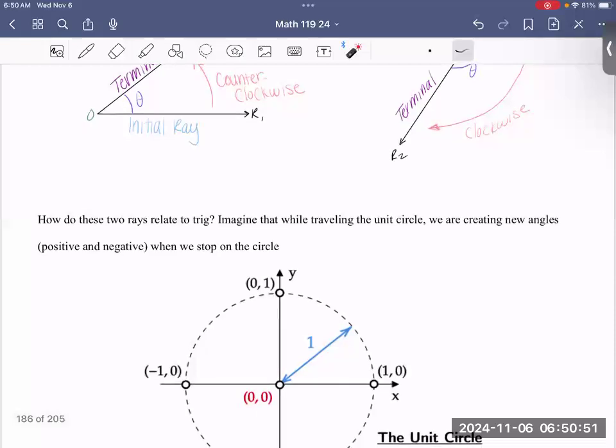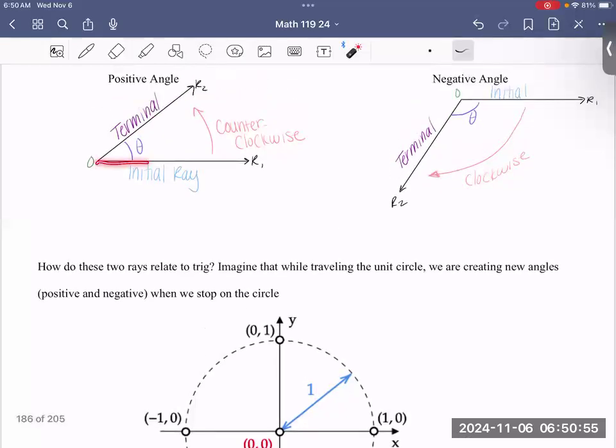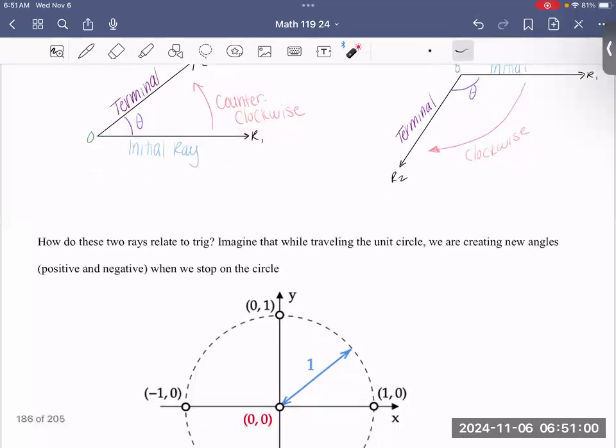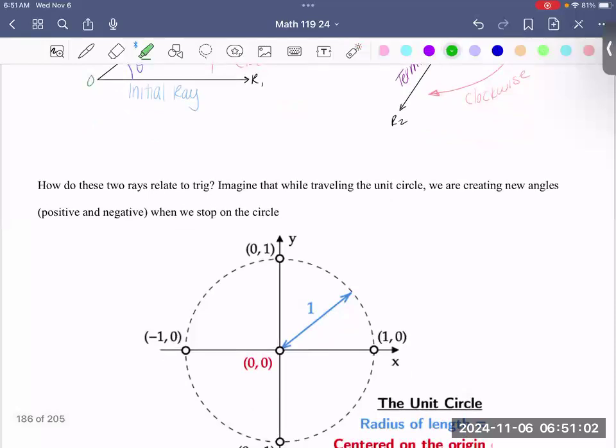Now, how do these two rays relate to trig? Well, imagine that these are actually part of your unit circle, where this initial ray is this very first ray right here that we start on for the unit circle. Think about that as where your initial ray is.